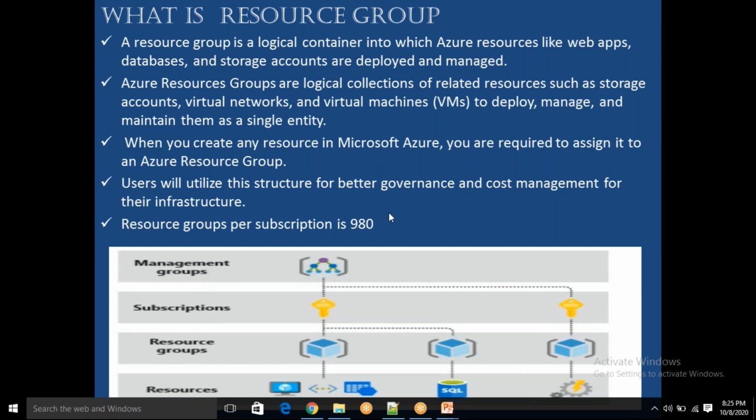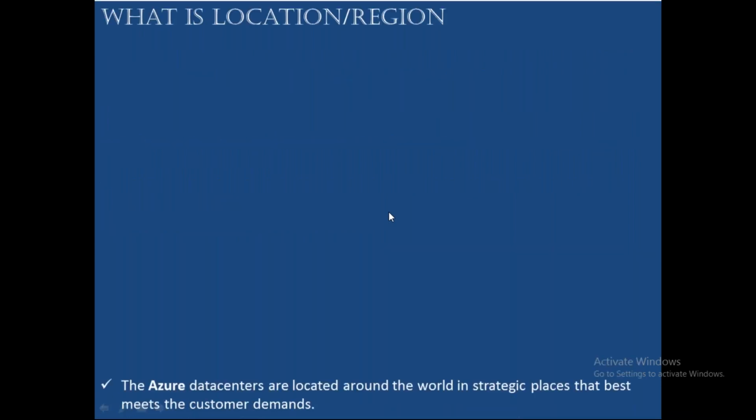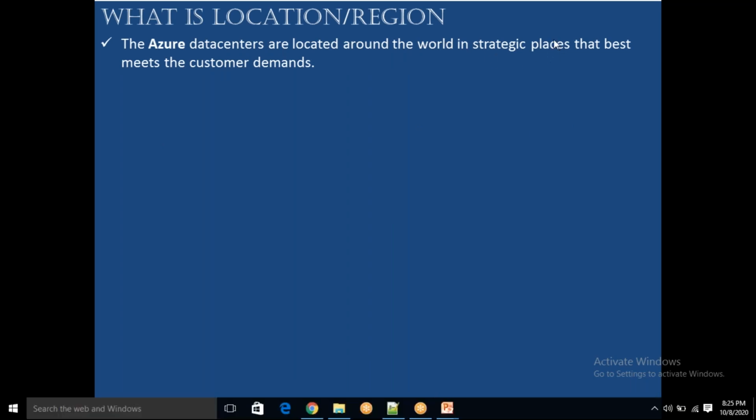Okay, now let me go to the next one. What is location or region? Remember, Azure data centers are located around the world in strategic places that best meet customer demands. So what is a data center? A data center is the place where we have physical servers and physical storage. For example, I have a computer, this is my physical computer.